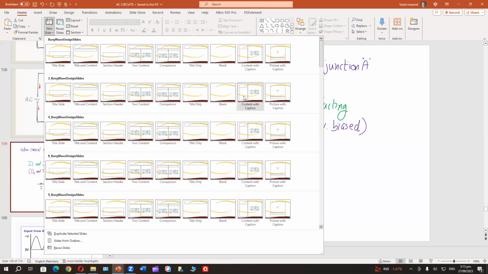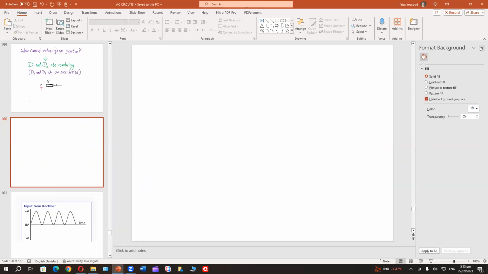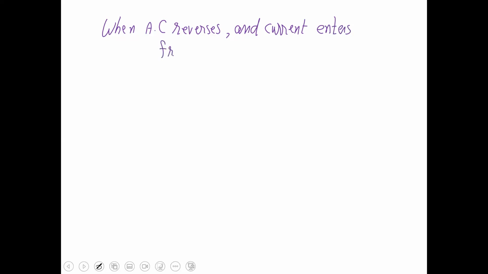Now we make the second pair when current reverses. When AC reverses and current enters from junction D, look at the diagram.